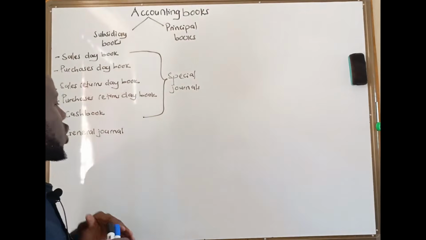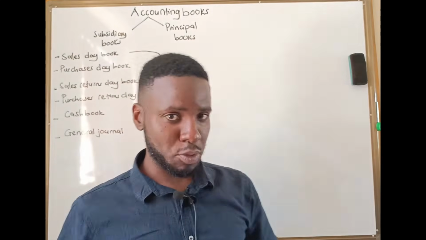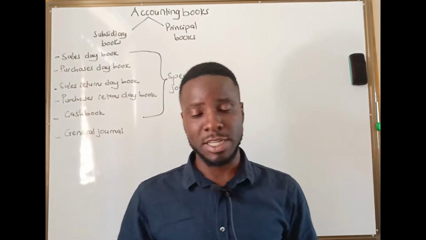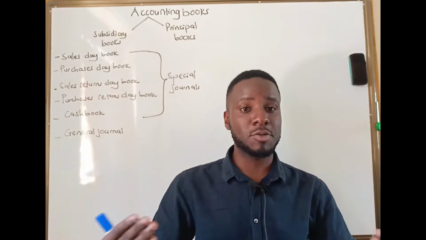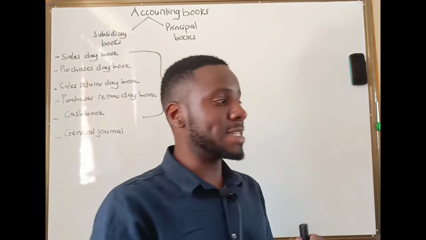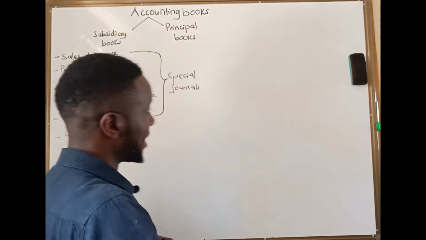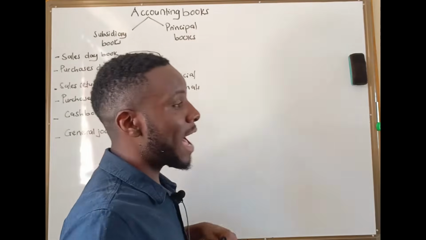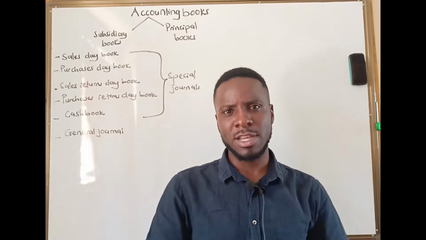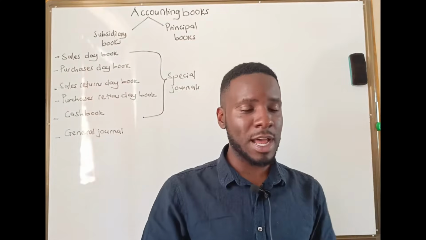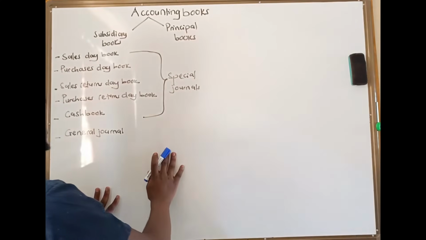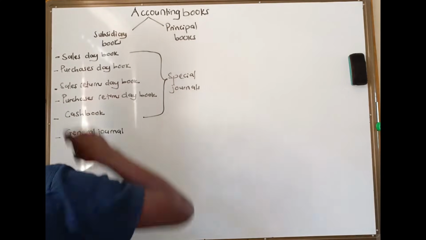The sales day book. For example, the business might give out credit sales. We might say we need our stock to get done by this period, so how are we going to make our stock go out of our stores? We might give out credit sales. When we sell goods on credit, we shall record those transactions in the sales day book.